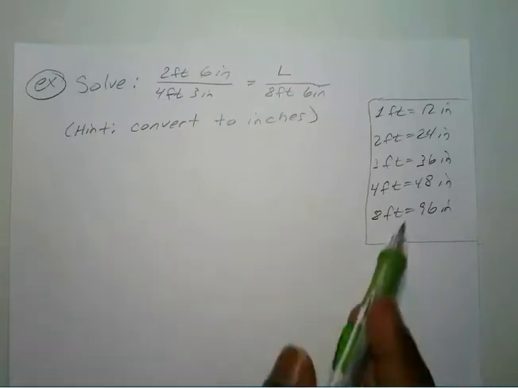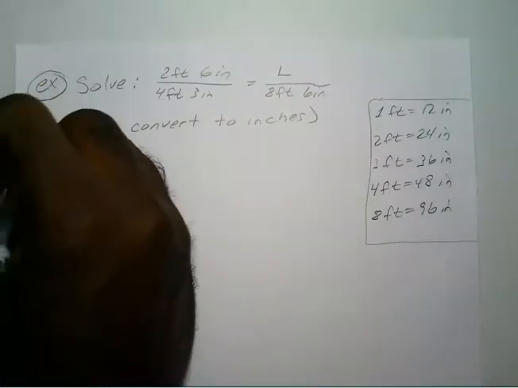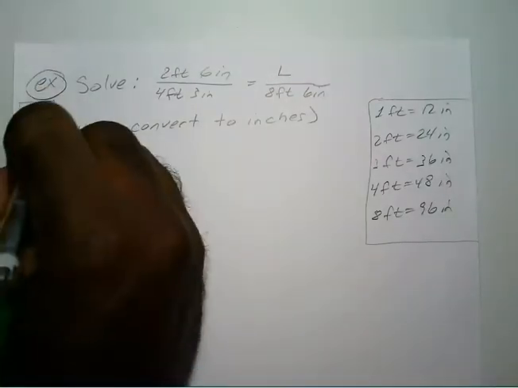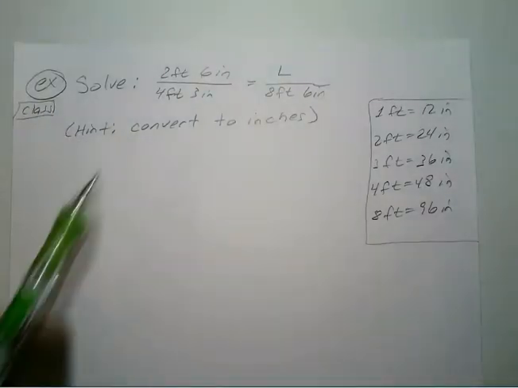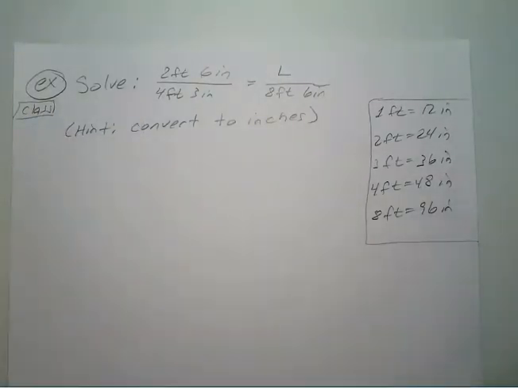All right, so using that, I want you to go ahead and press pause and try this one on your own. All right, so assuming you've paused it and you've tried to work this one out, let's go ahead and verify your answer.